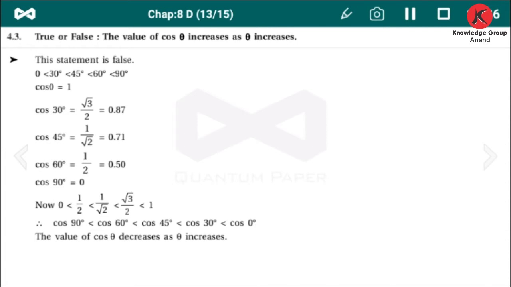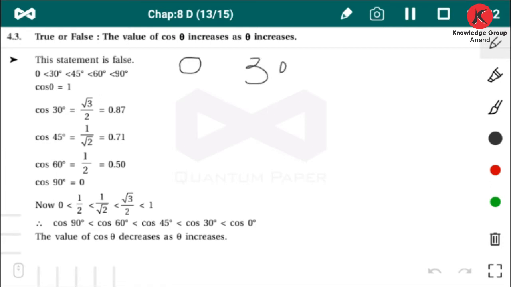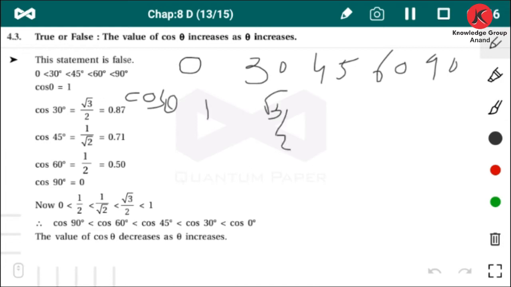Similarly, we take the cos values for angles 0, 30, 45, 60 and 90. Cos 0 is equal to 1, cos 30 is equal to root 3 by 2, cos 45 is 1 upon root 2, cos 60 is 1 upon 2, and cos 90 is 0. That is the reverse of the values of sine.